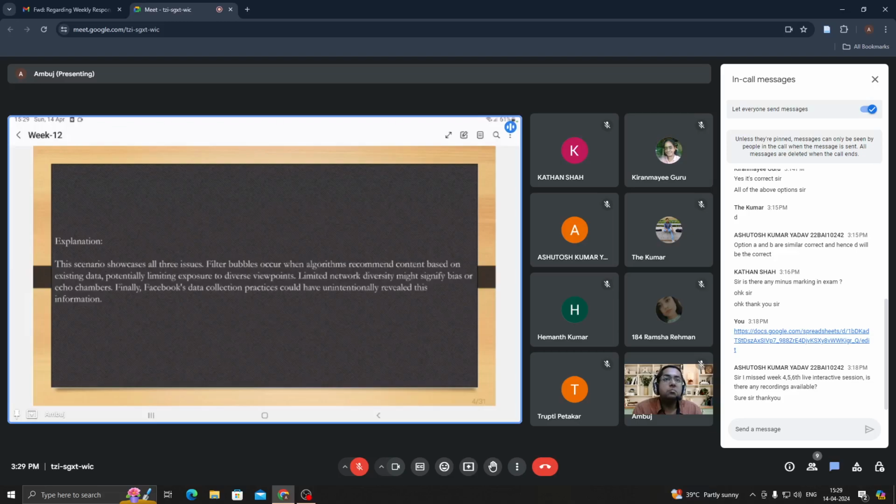Limited network diversity might signify bias or echo chambers. Already I've told you what echo chambers mean. Echo chambers means one particular type of information, whether false or true, comes inside that echo chamber and gets circulated like anything.